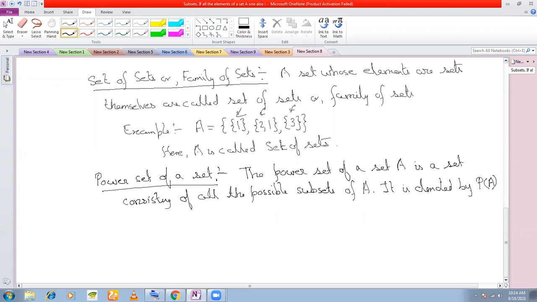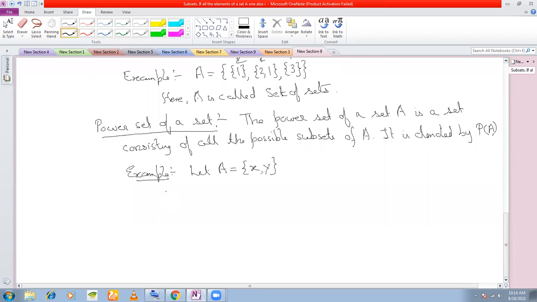So P(A) is nothing but a set of sets. For example, let us take the set A as, say, consisting of 2 elements only for simplicity's sake, {x, y}. Then the power set of A, denoted by P(A), consists of all the possible subsets that can be formed from A.